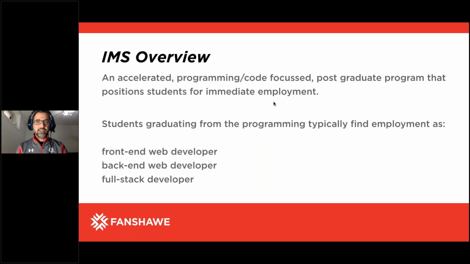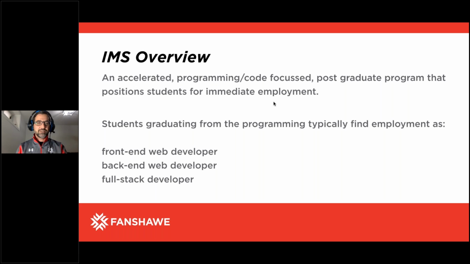That's not to say that we don't graduate students who find other positions, because we do. Some go on to be graphic designers or project managers. But those three roles are where students will typically find employment.